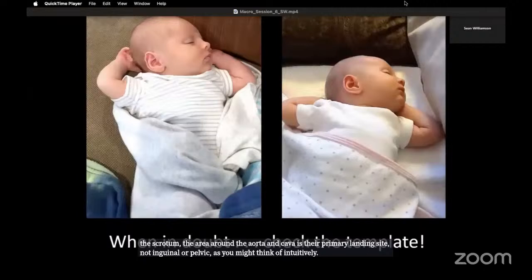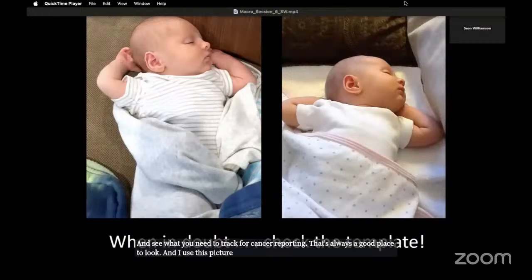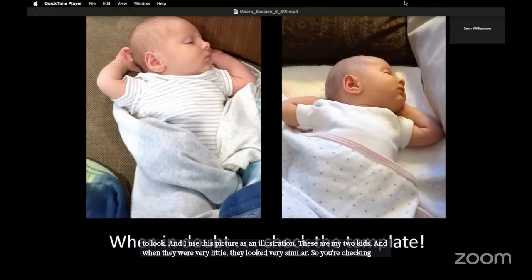So when in doubt, it's always good to look at the synoptic reporting elements and see what you need to track for cancer reporting. That's always a good place to look. And I use this picture as an illustration. These are my two kids, and when they were very little, they looked very similar. So you're checking the template of what a Williamson baby is supposed to look like.